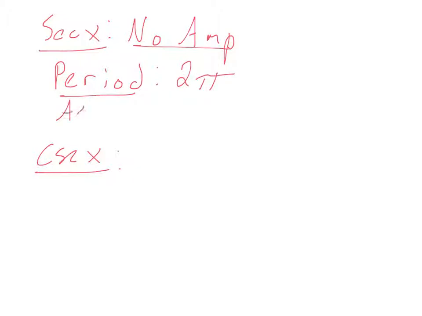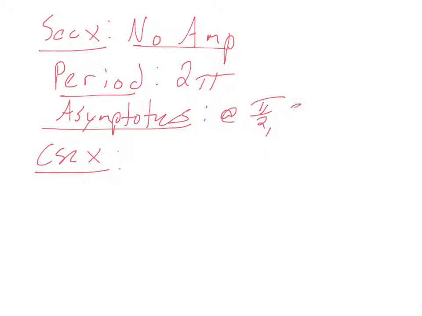And it has vertical asymptotes, for secant, they occur when cosine is equal to 0, so at pi over 2, 3 pi over 2, 5 pi over 2, etc., right? And it also would go for negative pi over 2, negative 3 pi over 2, etc. So all odd multiples of pi over 2 is where it has asymptotes.